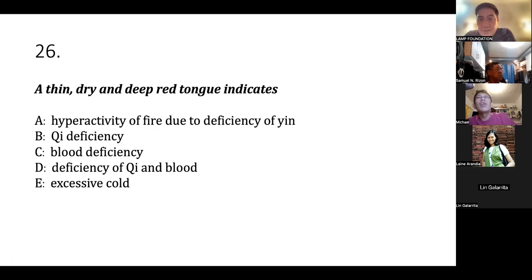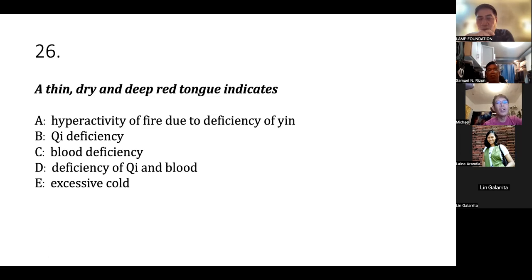No coating po siya. Red, tapos dry. What I mean is, you need to trace. Ano bang sequence of events? Una-una, nagkaroon ng yin deficiency. So, nauubos yung coating.